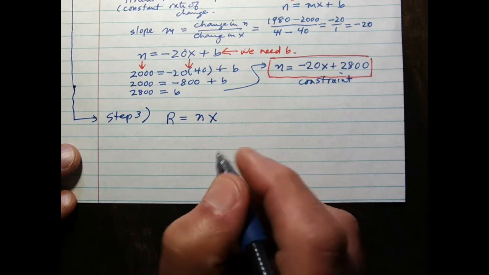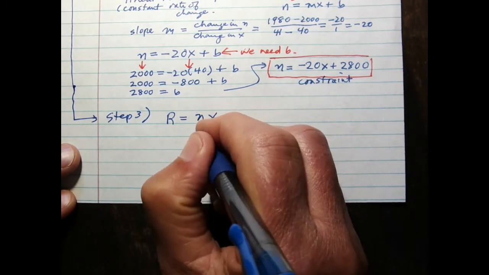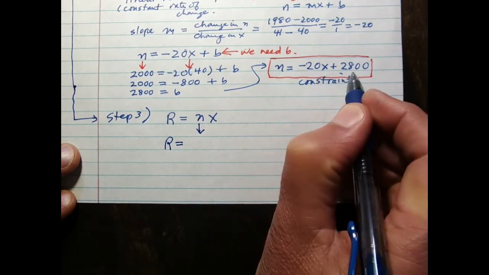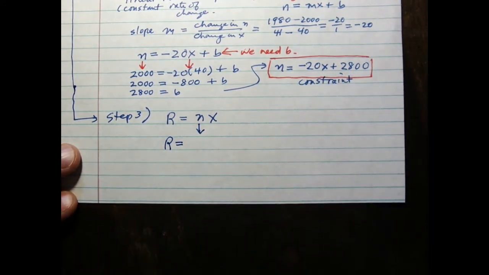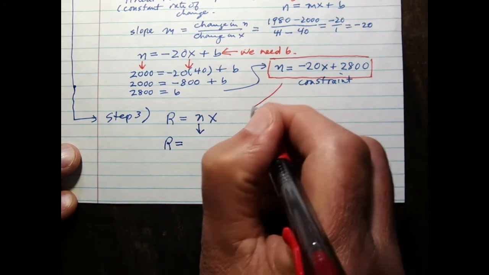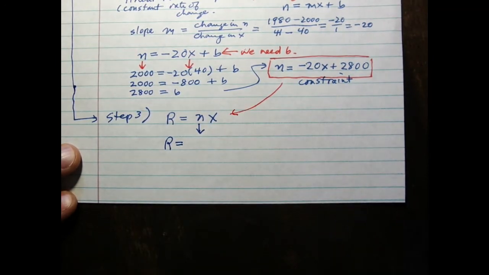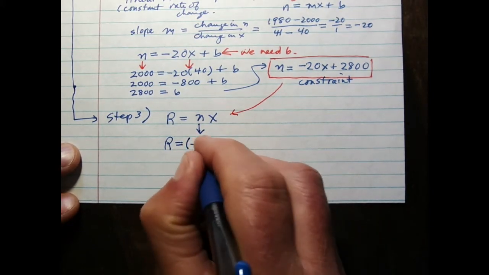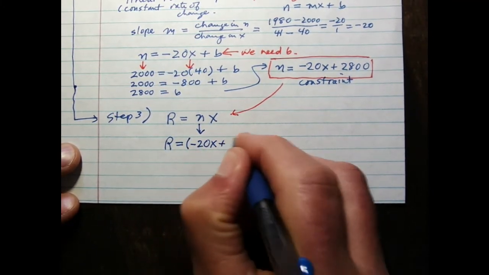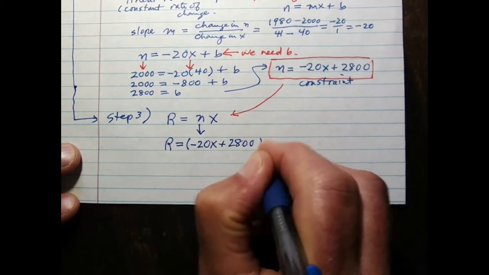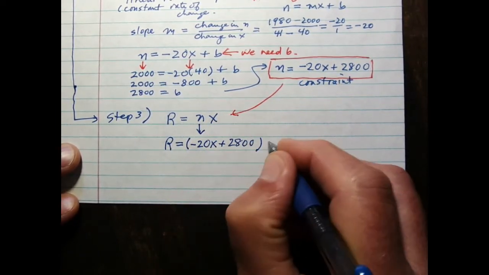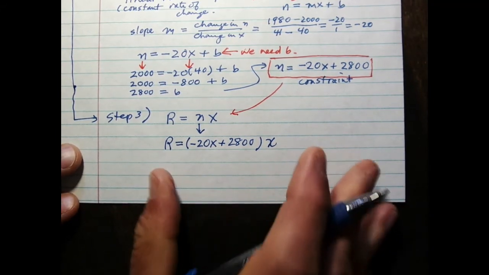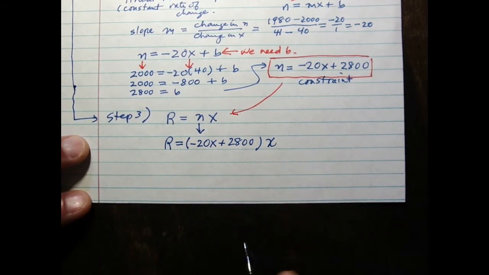That's the function we want to set up. And I'm going to replace n with negative 20x plus 2,800. So this tells me the substitution I can make for n. Negative 20x plus 2,800 is equal to n. I still have times x on the end, right? I'm just substituting in for n.